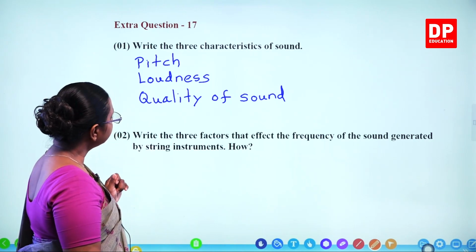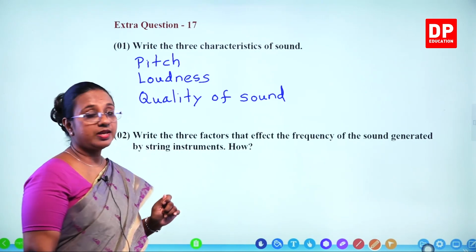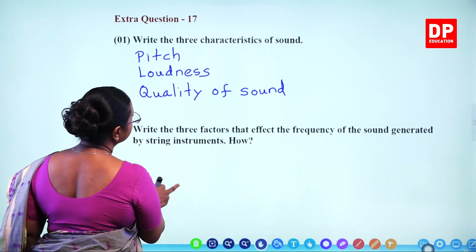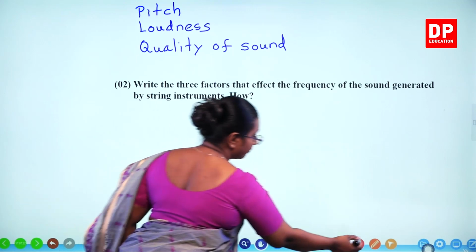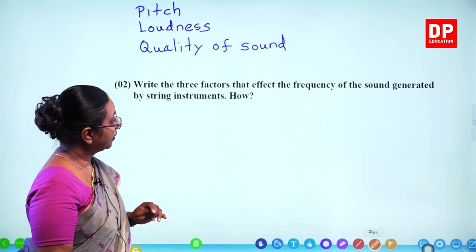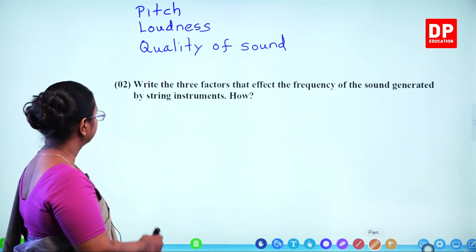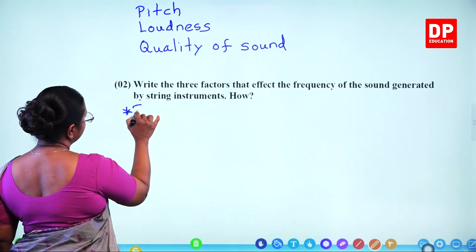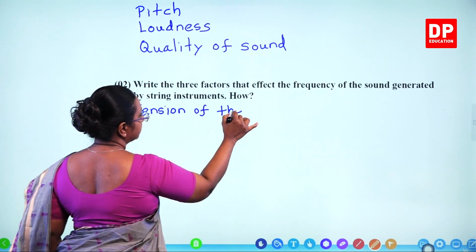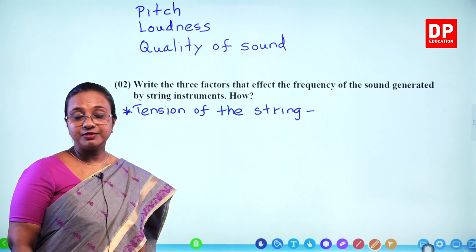Next one. Write the three factors that affect the frequency of the sound generated by string instruments and how. So here you have to write the factors and you have to say how they affect the frequency. What is the first factor? Tension of the string. How does this affect the frequency?